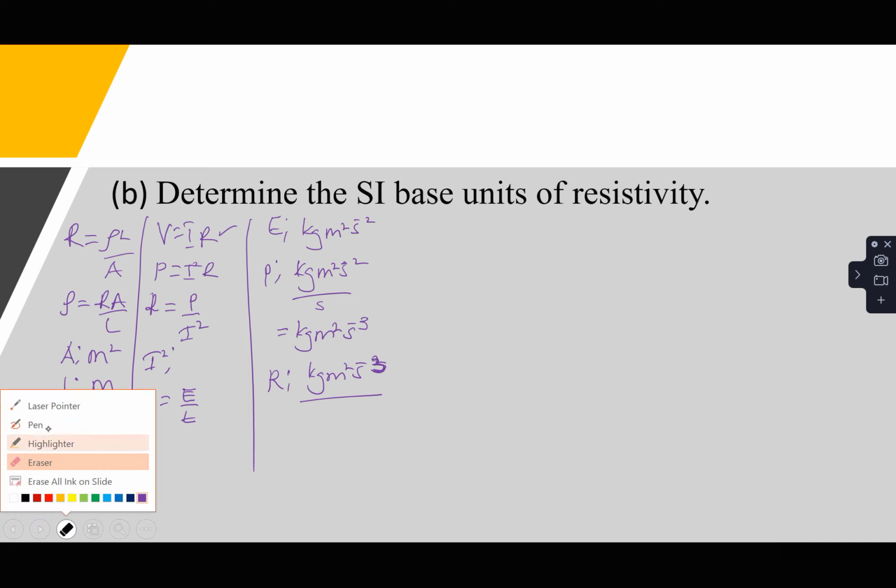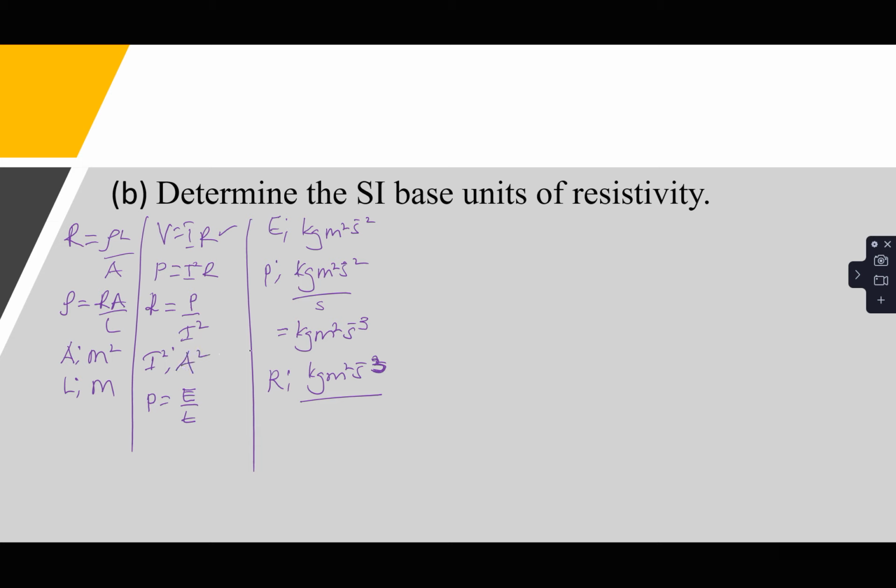Current cannot be meters squared. This is ampere squared. That was a slip of the tongue. So this is divided by amperes squared. So when you simplify, the base units of resistance are kilogram meter squared per second cubed per ampere squared. So now we have the base units of resistance.